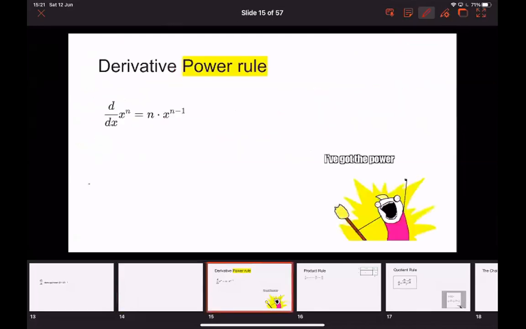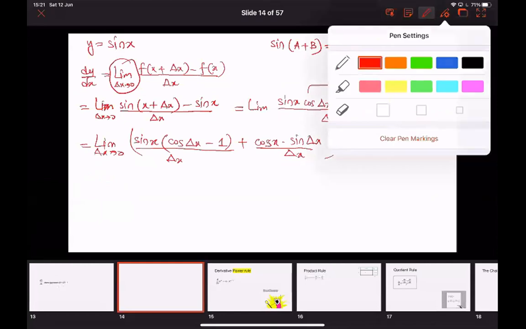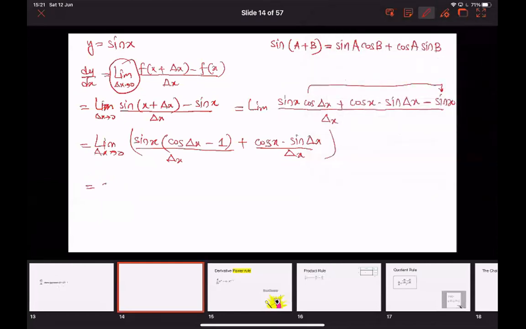What I mean is this. If I simply write limit as delta x goes to 0, in this term I can write only the delta x term inside the limit. I can move sine x outside. Actually, let me erase this very quickly. Yeah, I will take sine x outside. Remember, this is very important: I can take sine x outside because the limit is only for delta x, not for x.